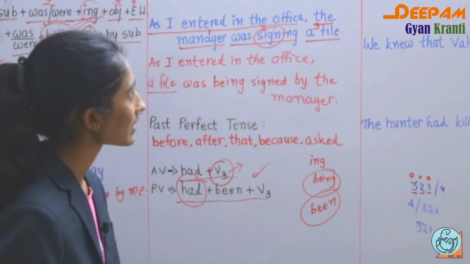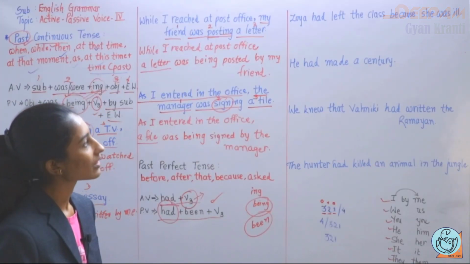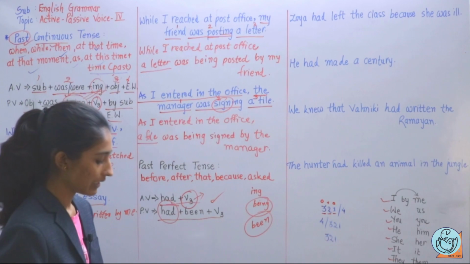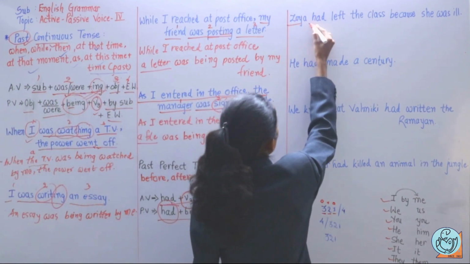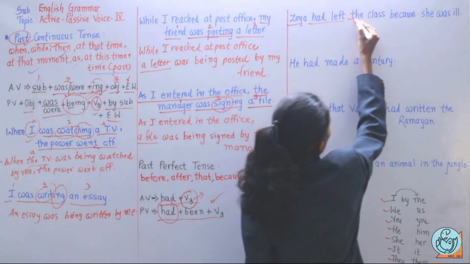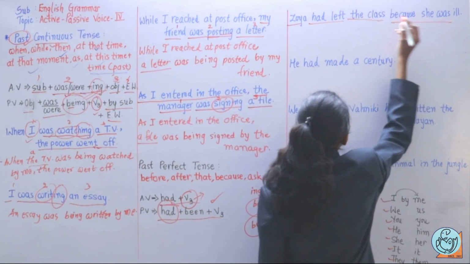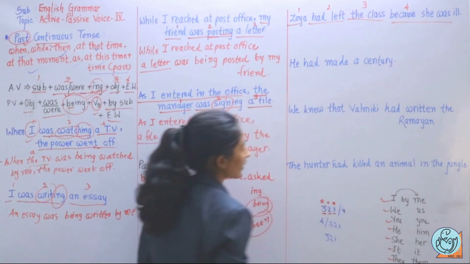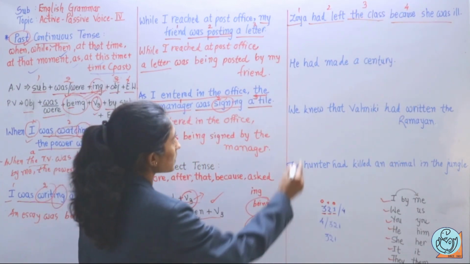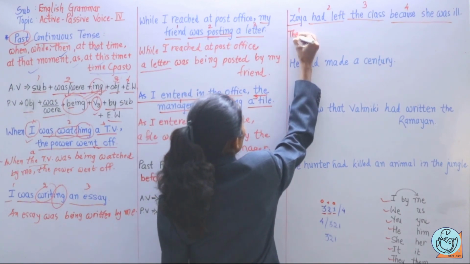Now let's check some examples. So Zoya had left the class because she was ill. Now see, subject Zoya. Okay, which action? So had left what? The class, and because she was ill, those are the extra words, so the class comes first, so the class.